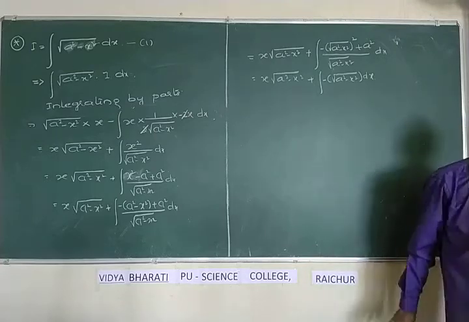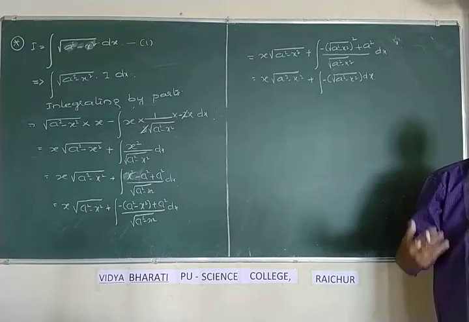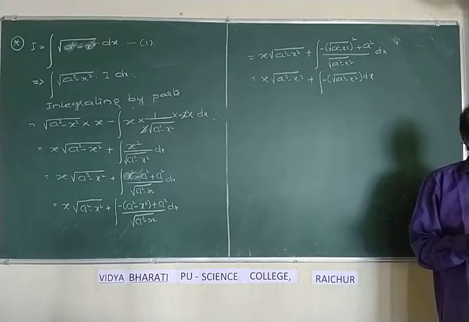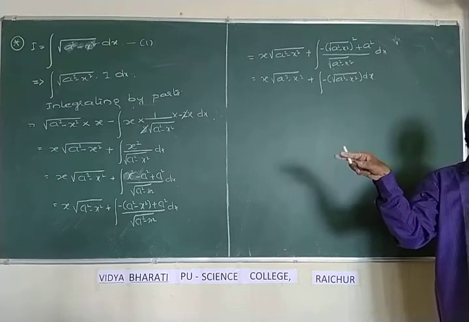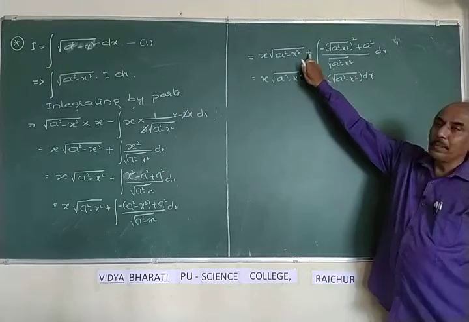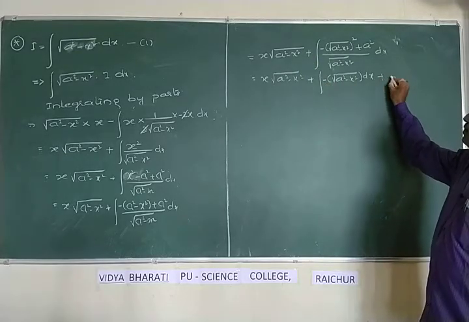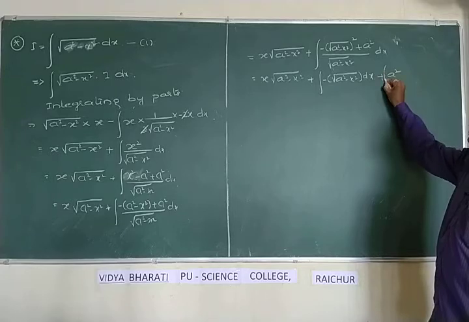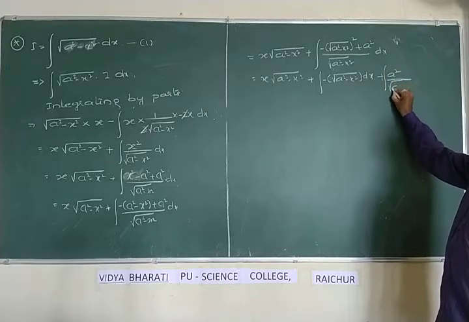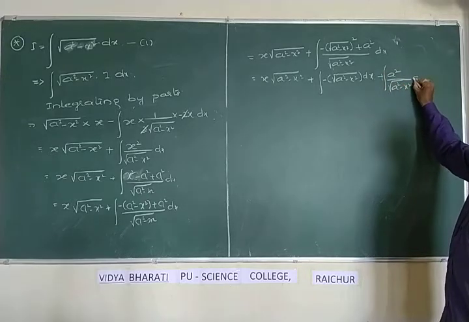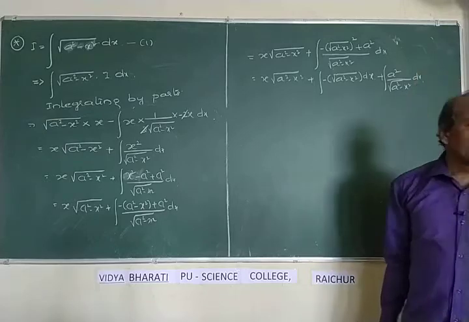Minus, it will become minus only, plus it will be plus only. In case if you find negative sign outside, in that case you have to change the signs, not necessary. Plus, this I am keeping it as it is, plus what you have, a square by root of a square minus x square into dx.